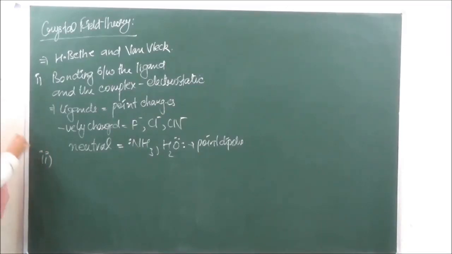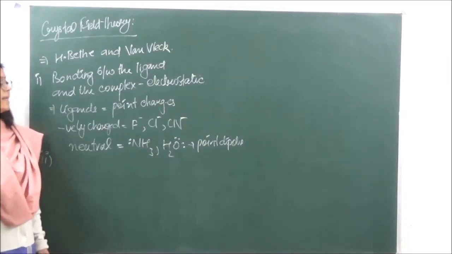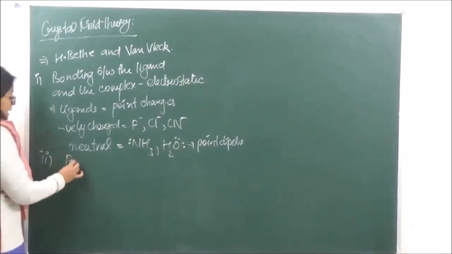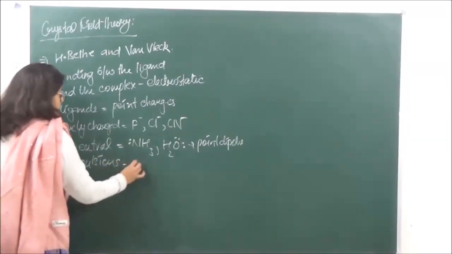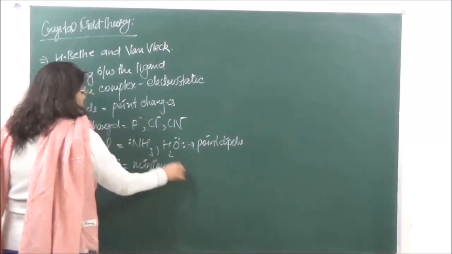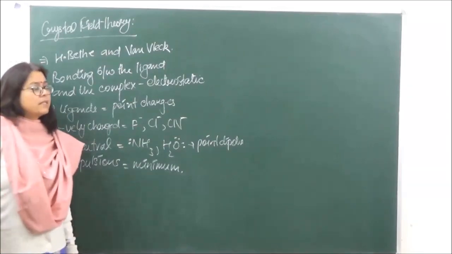Let's go on to the second point of CFT. According to this point, the arrangement of ligands around the central metal atom or ion is such that the repulsions between the negative charges and the dipoles should be minimum. So if we're talking of coordination number 6, there are 6 ligands which approach the central metal atom.